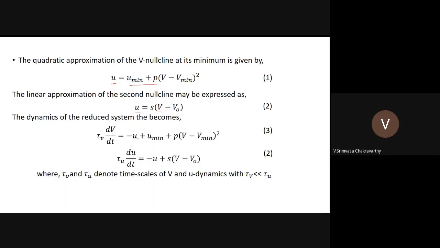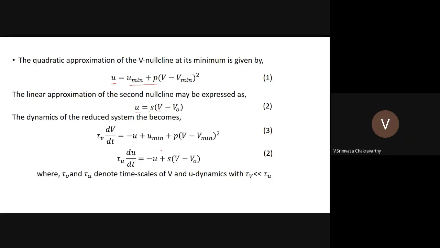That gives you the first equation. Similarly, if you take U to the right side, you get minus U here, and if you write the derivative on the left side, that gives you the second equation. These are similar in overall nature to FitzHugh-Nagumo and Morris-Lecar, but let us see how it works.